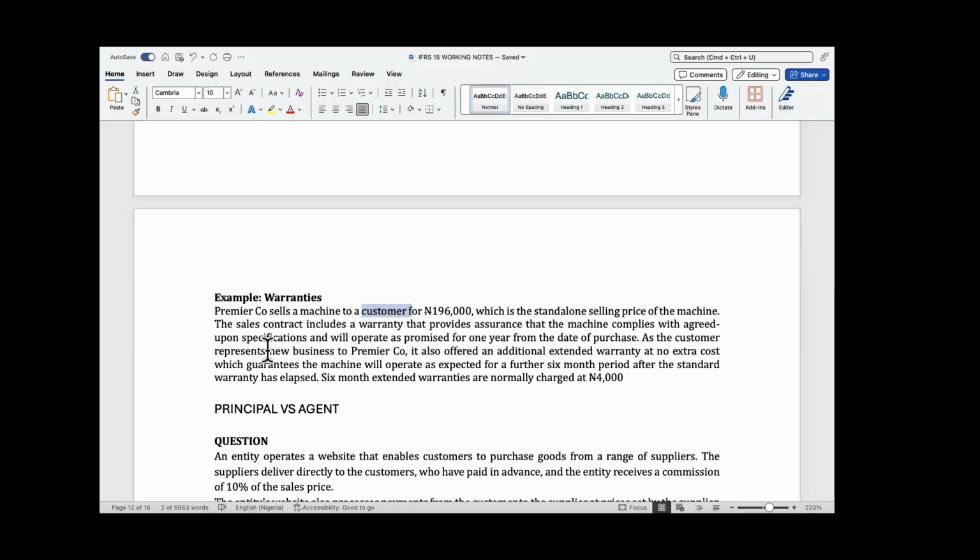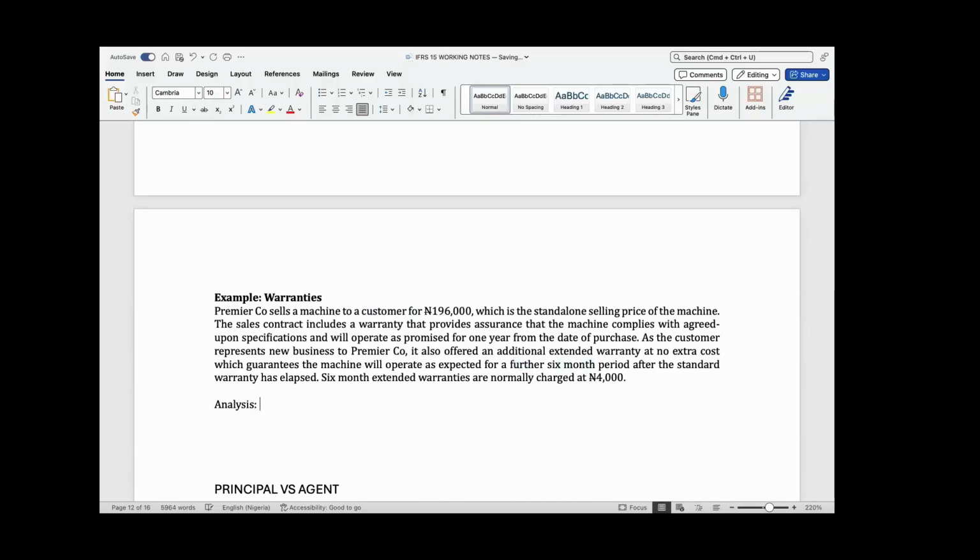As the customer represents a new business to Premier Co., it also offered an additional extended warranty at no extra cost, which guarantees the machine will operate as expected for a further 6-month period after the standard warranty has elapsed. The 6-month extended warranty is normally charged at 4,000 naira.